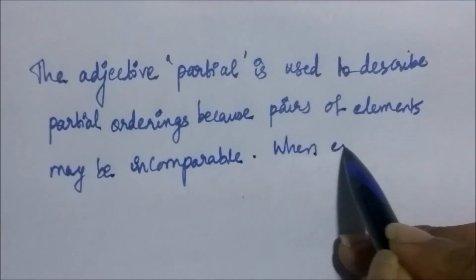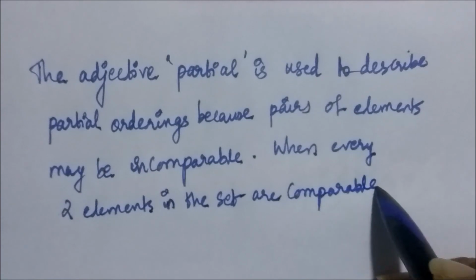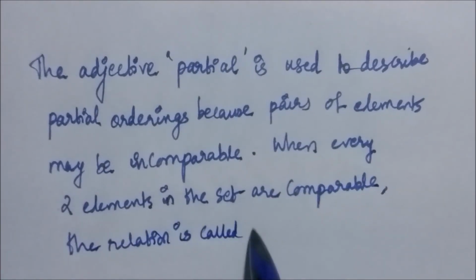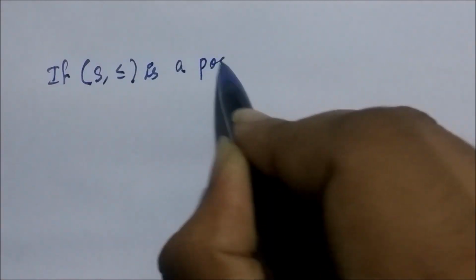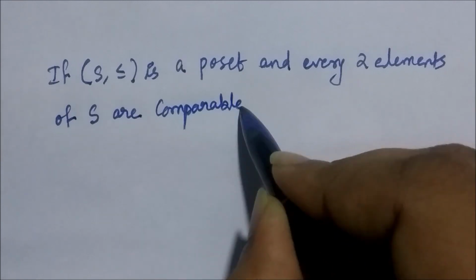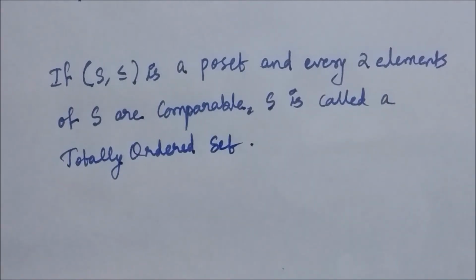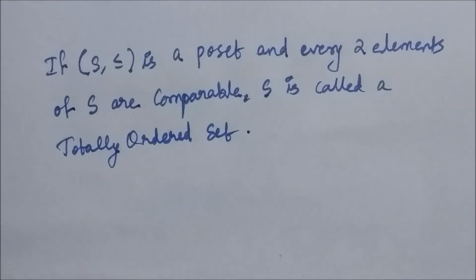Now, if it so happens that every two elements in the set are comparable, then the relation is called a total ordering. If (S, ≤) is a poset and every two elements of S are comparable, then S is called a totally ordered set. So the partially ordered set becomes a totally ordered set when every two elements in that set are comparable.